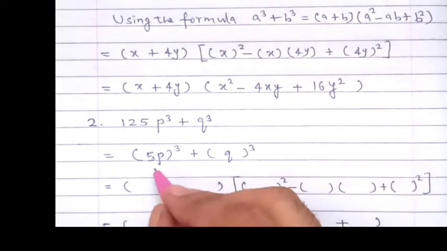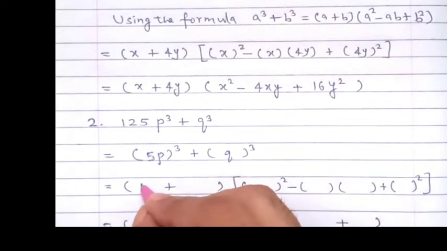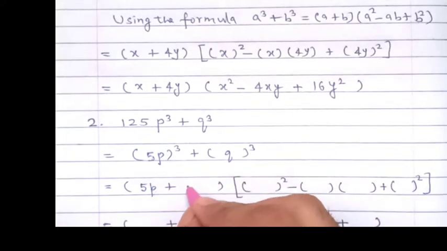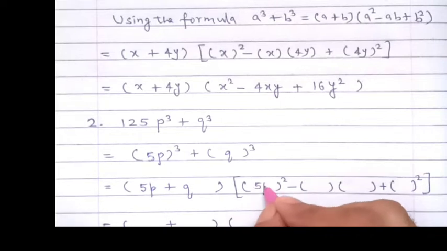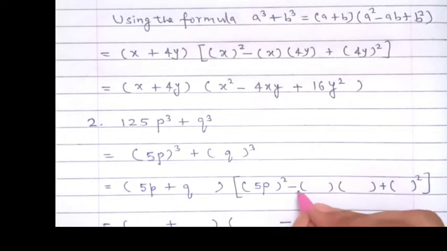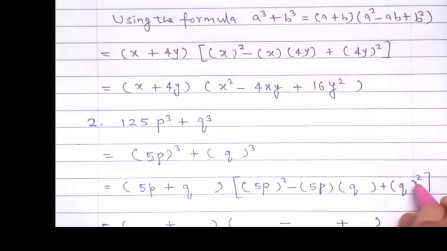Now first term is 5p and second term is q. So you will be writing here 5p plus q into (5p) the whole square minus first term 5p into second term q and then q square.